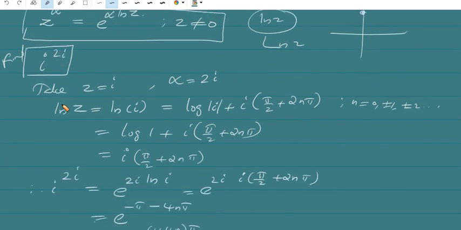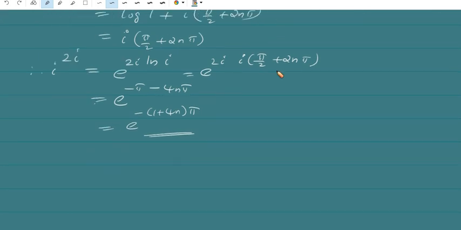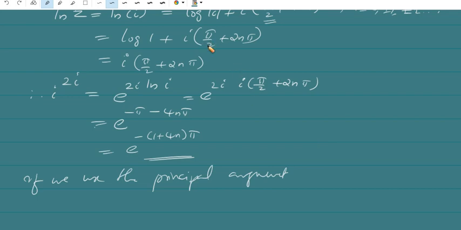Okay, so in this example we found ln of z is equal to ln of i plus this, etc. So here the principal value is pi by 2 itself. If we use the principal value or principal argument, this argument is pi by 2 itself.